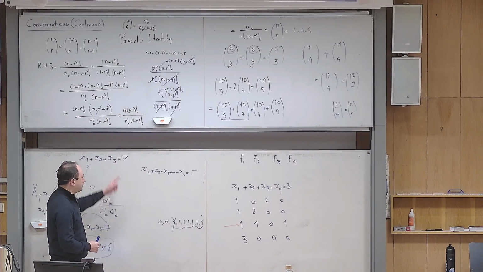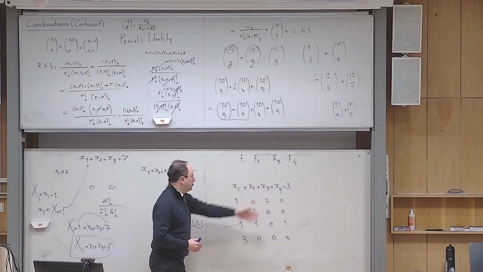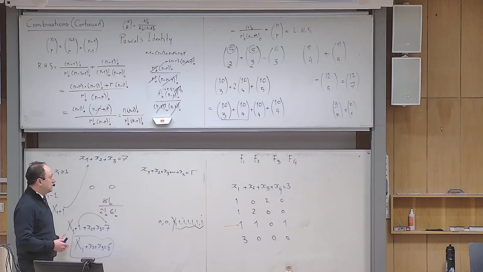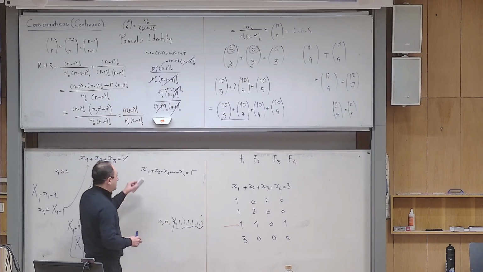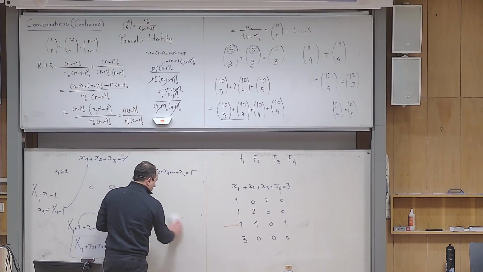Instead of having 3 or 4 variables, let me assume that I have n variables, and instead of having 3 or 7, let me assume that I have r. If I ask you how many non-negative integer solutions you expect because of this pattern that we learned, I want to wait for you.